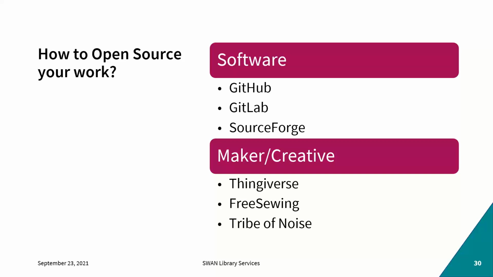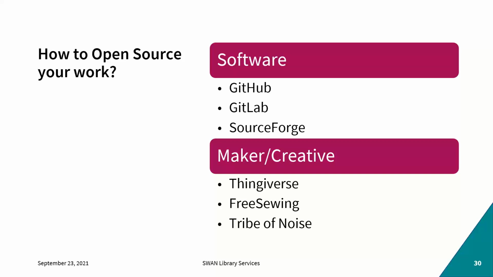So, how do you actually open source your work? For software, like I said, traditionally open source has referred to software. There's a lot of different websites that you can use. GitHub is a very popular one. That's what we at SWAN use for our software.